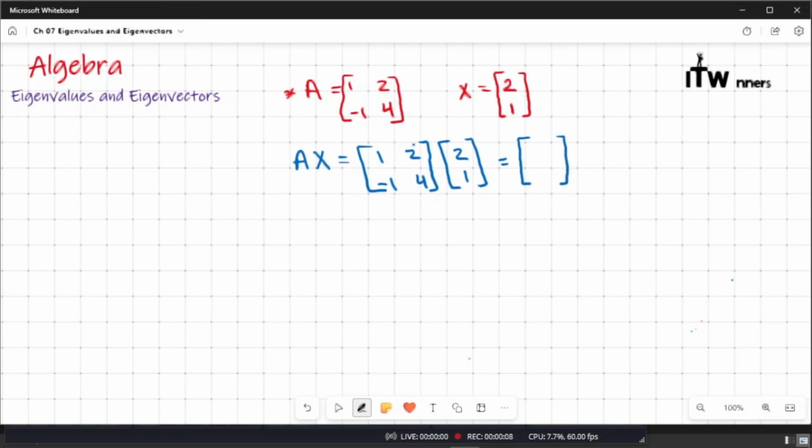We have to multiply the first row into this column and again the second row into this column of vector x. So we have 1 into 2 equal to 2 plus 2 into 1 equal to 2, so 2 plus 2, and here we have negative 2 plus 4.